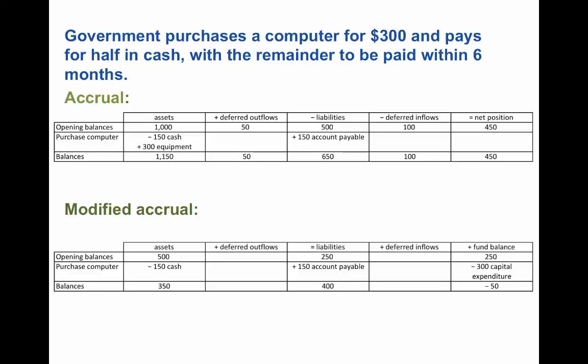But under modified accrual, you're looking at a shorter term perspective. What are their short term resources? This government has used up all of its short term resources, at least at this point in time, by buying this computer. So depending on the perspective, you pick either modified accrual or accrual to inform what your interests are.